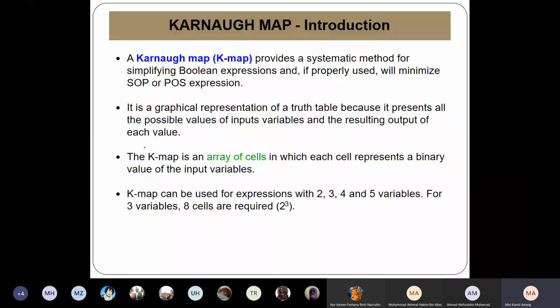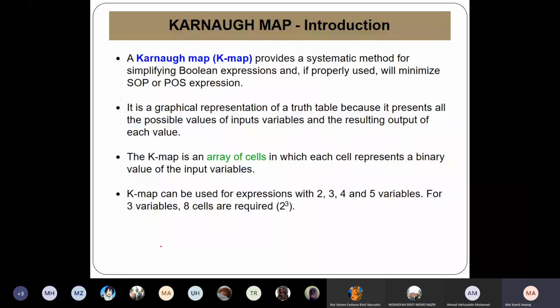For 4 variables, you have how many cells? 16. For 5? 2 to the power of 5, 32. Yes.